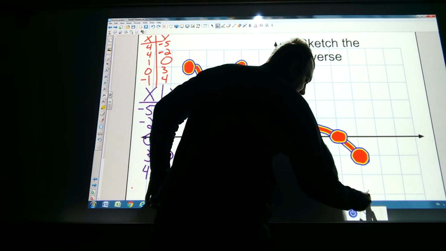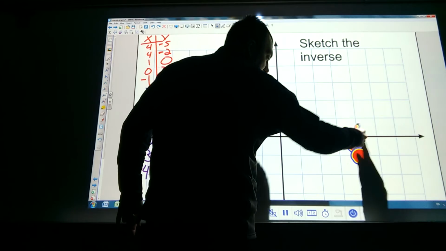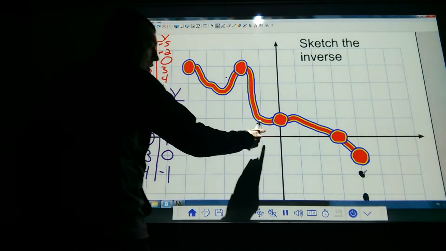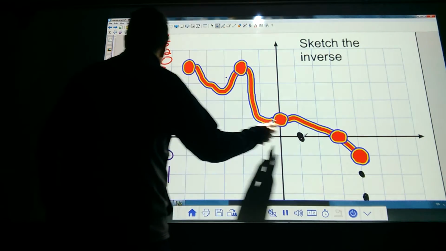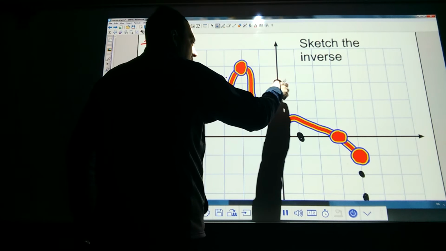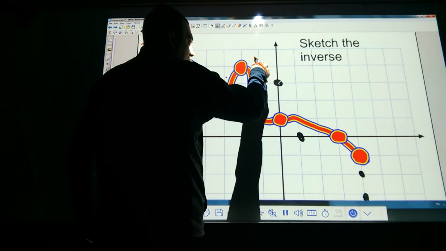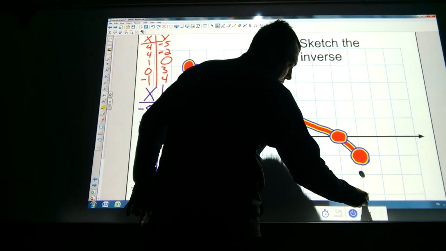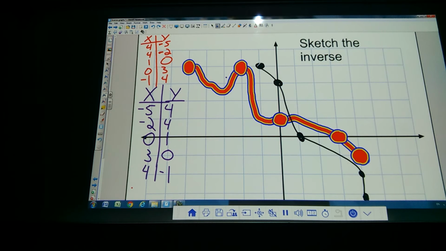Sorry, it goes off my graph. 4, -2, 1, 2, 3, 4, -2, 1, 0, 0, 3, and then -1, 1, 2, 3, 4. And then just connect your dots. Boom, you have an inverse graph.